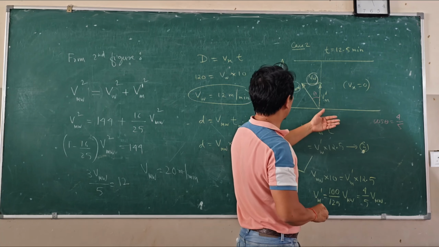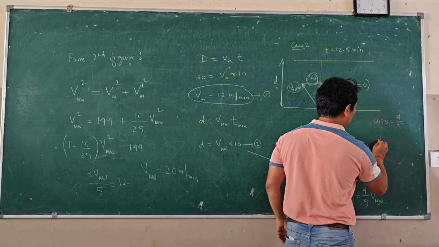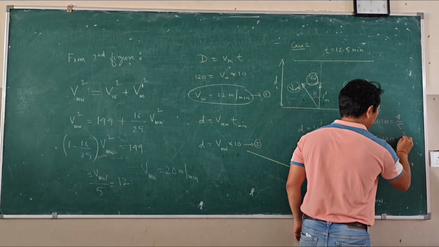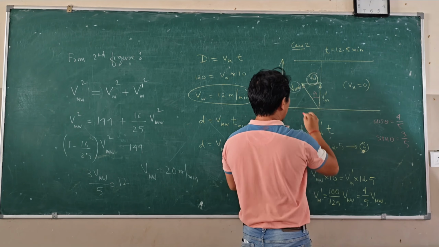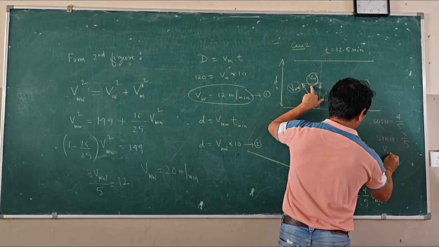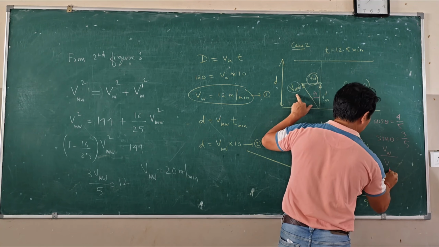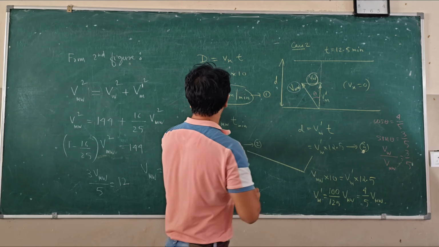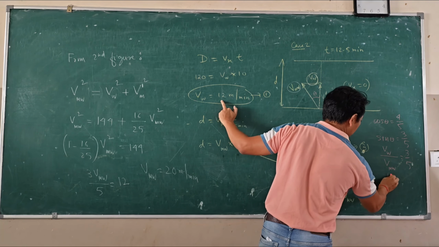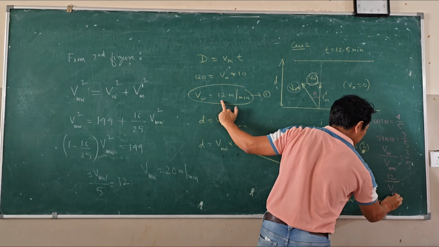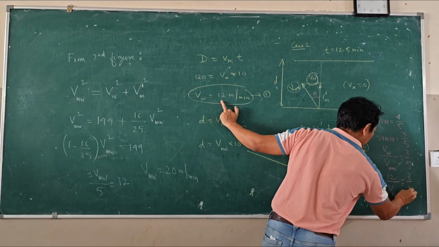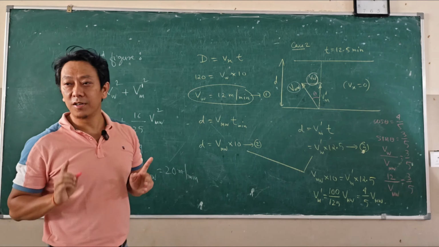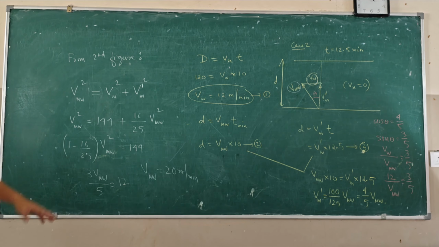Once you got cos theta 4 by 5, sin theta will be what? 3 by 5. And in this diagram sin theta will be Vw by Vmw, and Vw we found 12. So this way also you can do. Same answer you get, no? Yeah, that is also good actually.